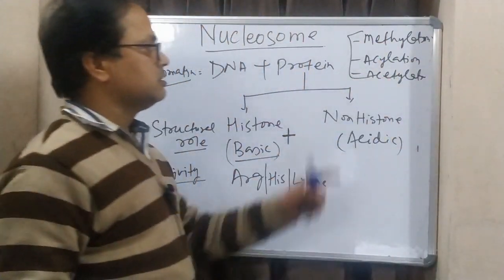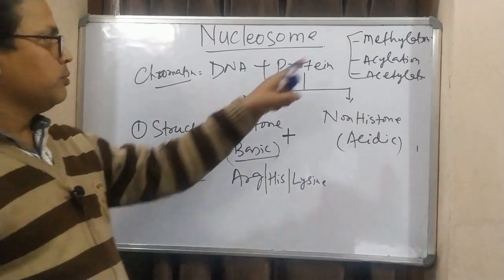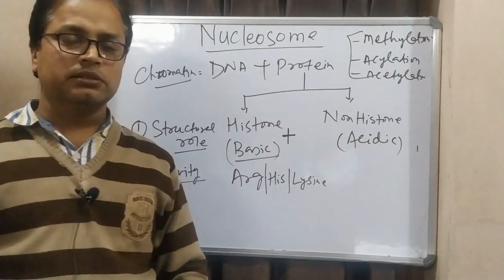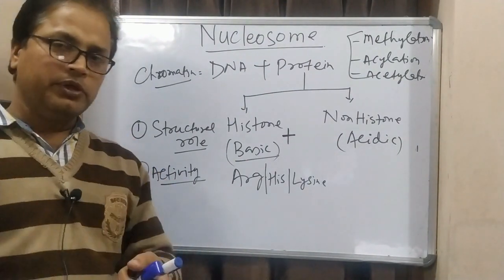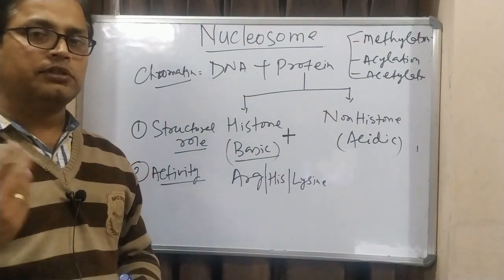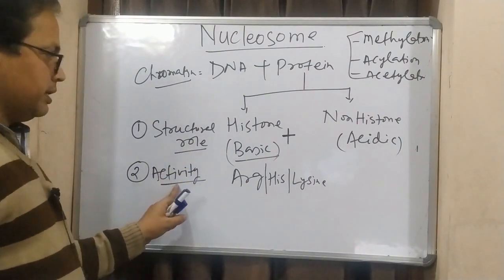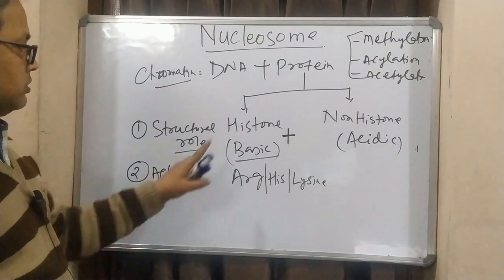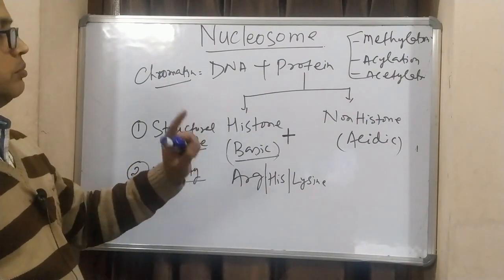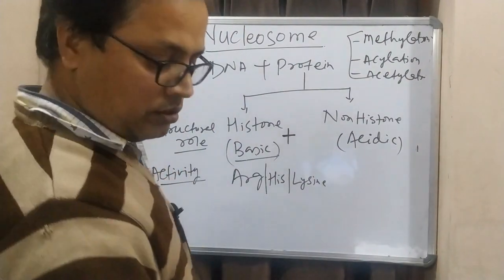These are the chemical reactions which normally modify our histones. So histone will be modified by these three chemical reactions, and because of these chemical reactions, DNA will be active or will not be active. That we will see in the DNA replication process. So DNA will be in active or inactive mode, that depends on the histone's modification status, whether it is modified or not.